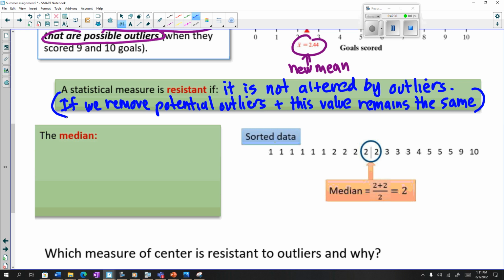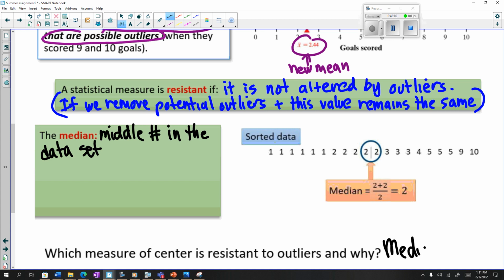But you know what is resistant? The median. And the median is resistant because it's the middle number. And if it's in the middle, do you think it's going to be impacted by outliers on the ends? It's not. So the median is resistant to outliers.